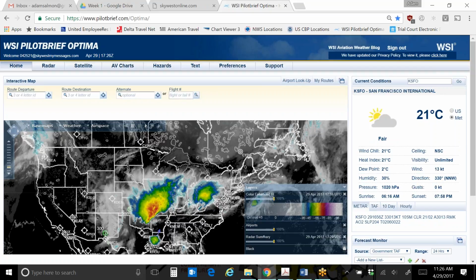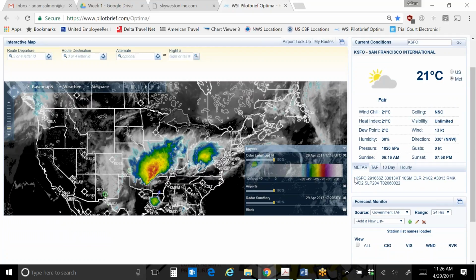So when you're looking at a METAR here, this right here, if it's big enough for you guys to read, it basically says 33013 KT. Does everybody see that? So the wind is coming from 330.